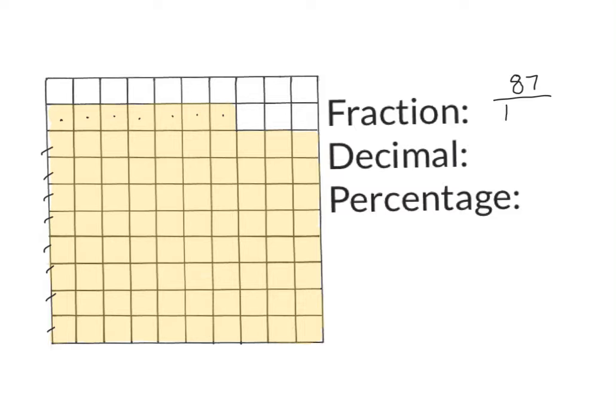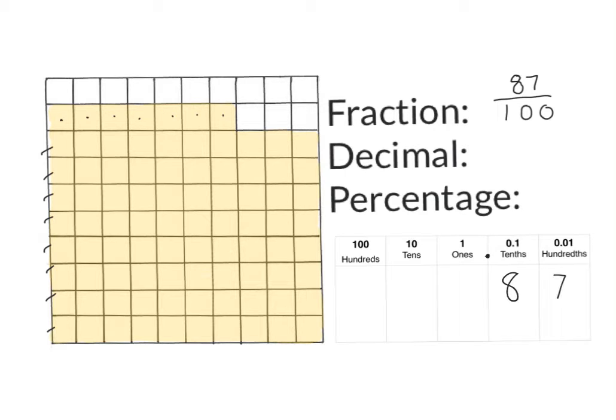And there's 100 altogether, so it's 87 out of 100. As a decimal, I would have 8/10, so that's going to be 0.87. And as a percentage, 87%. Well done if you got that correct.